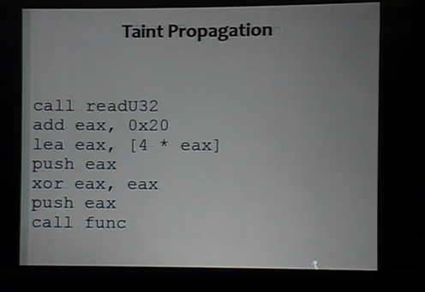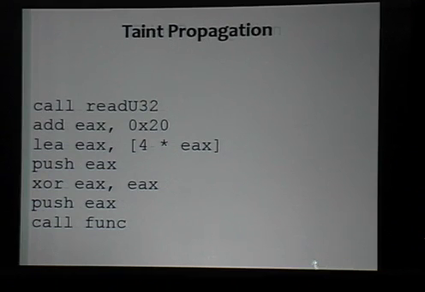Then there's the load effective address of EAX and 4 times EAX, and once again, only EAX remains tainted. We'd push EAX and we'd mark that address on the top of the stack as tainted. Then after the XOR EAX, which is going to clear EAX, we'd clear the taint value on the register, but the taint would remain on the stack address.